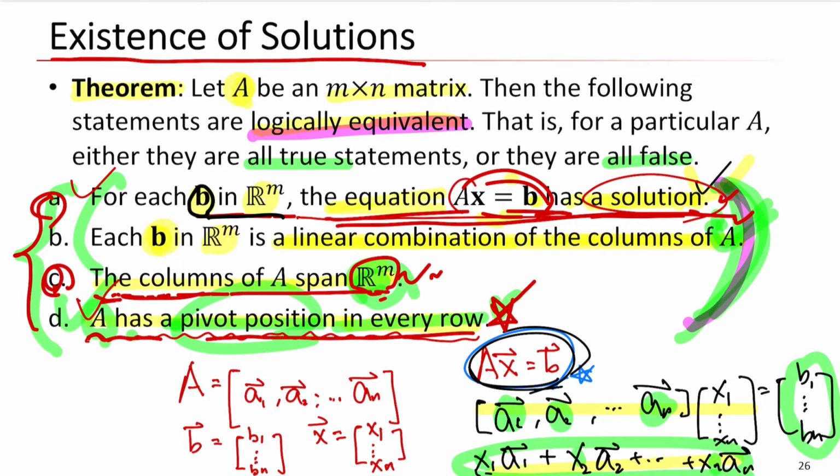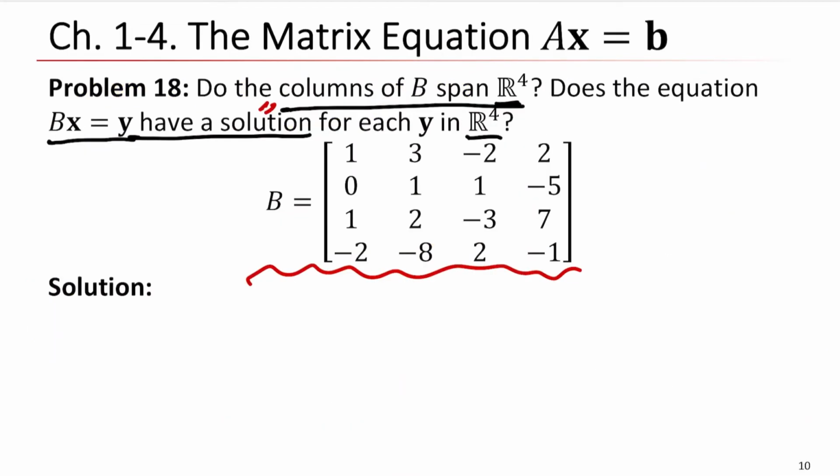If A has a pivot position in every row, columns of matrix A span the Rm space, and the equation Ax equals b has a solution. So first of all, how can I find the pivot positions in matrix B? We have to row reduce, right?